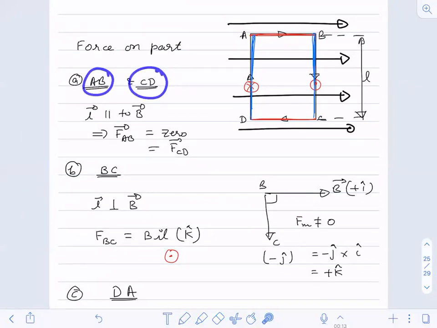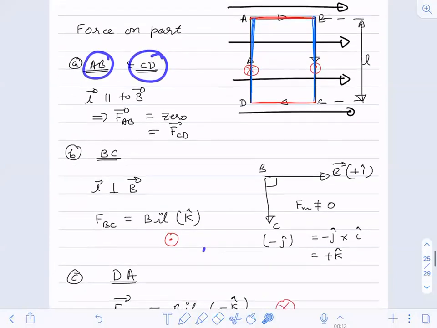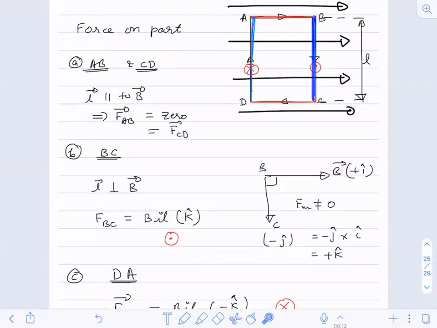Because the L vector is along the magnetic field, so the magnetic force is zero over here. But for BC and for AD, we do not have zero magnetic force. We have the values.